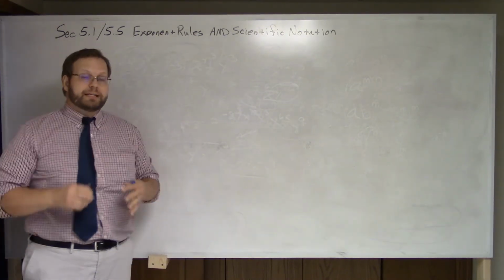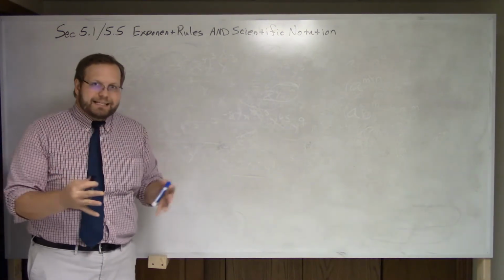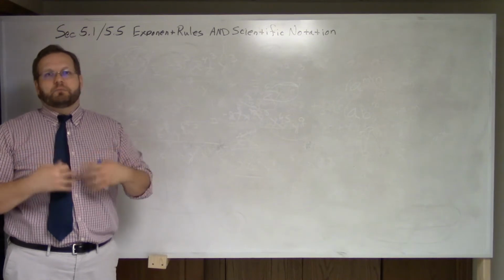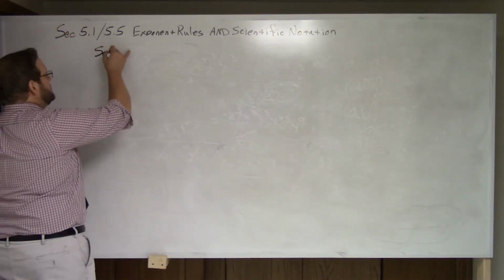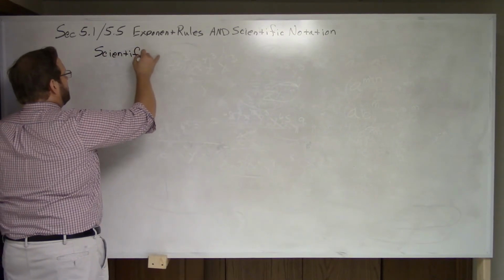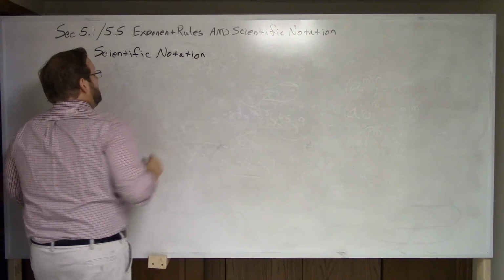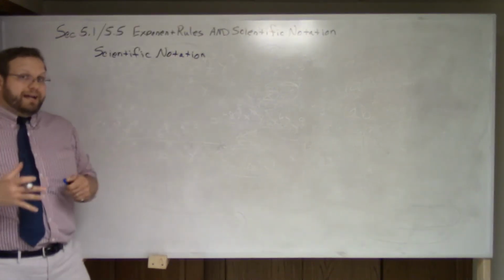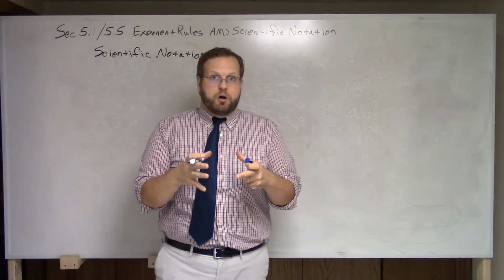Nothing more than that. It's not some deep mathematical discovery of something that existed forever. It's something that someone invented. Okay? So, when we're dealing with scientific notation, it is a way of writing values that are either really big or really small, okay?